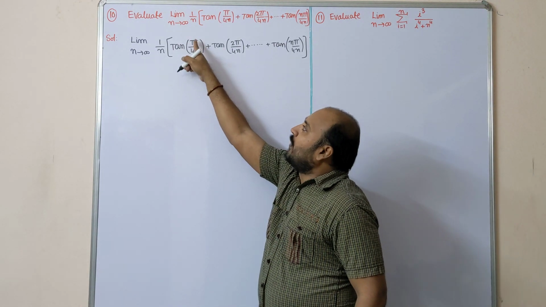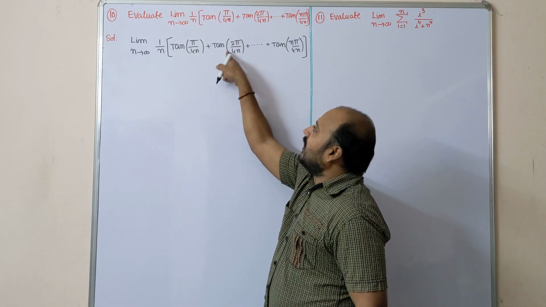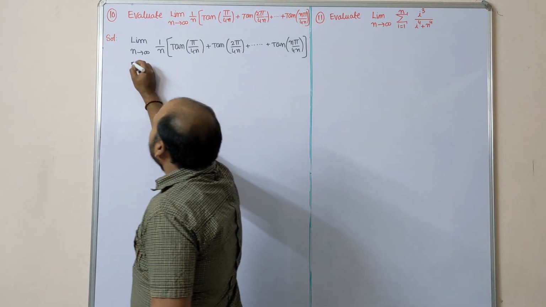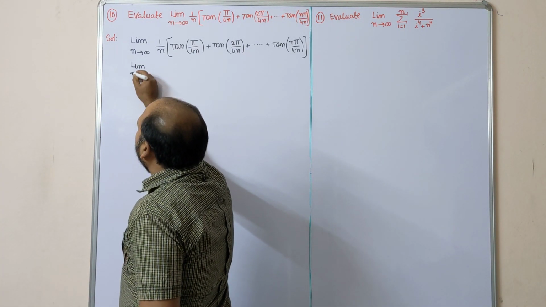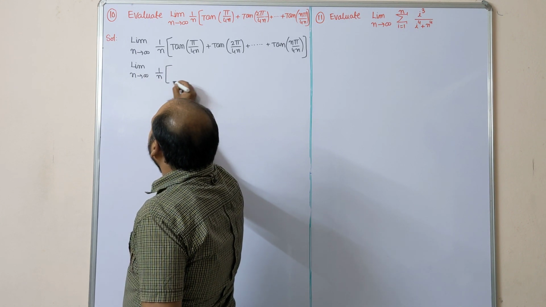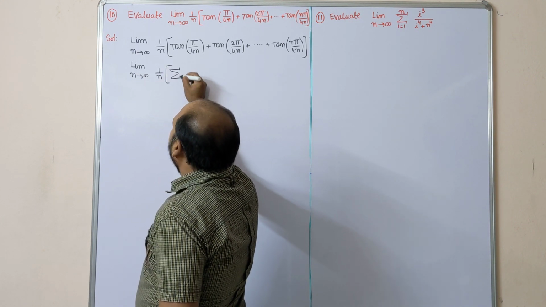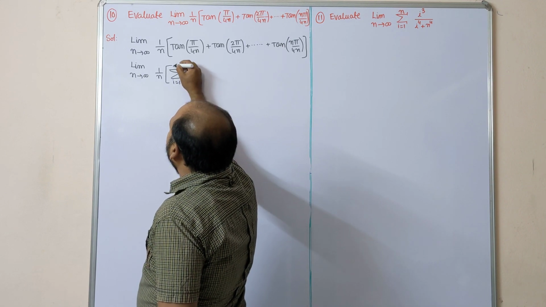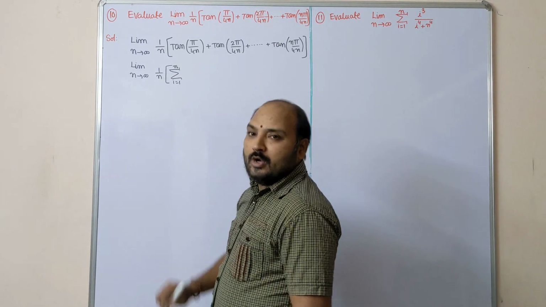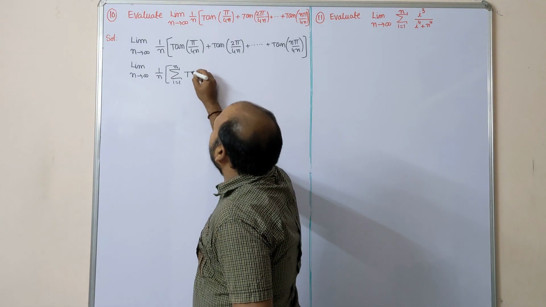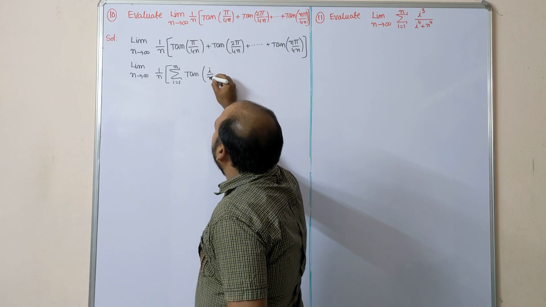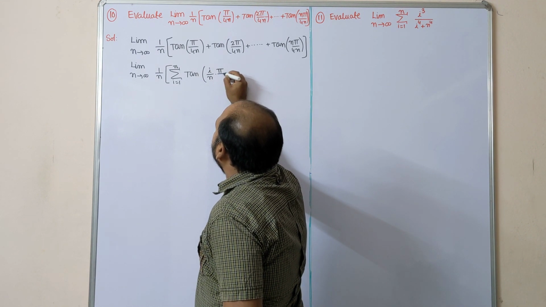Here 1 into pi by 4n, 2 into pi by 4n and so on, n into pi by 4n. So we can write sigma now: limit n tends to infinity, 1 by n sigma i equal to 1 to n, tan of i by n into pi by 4.